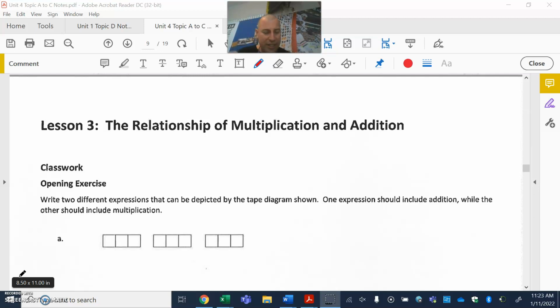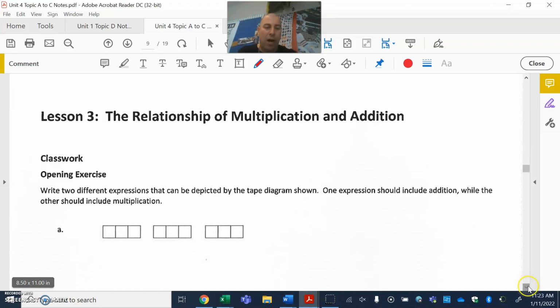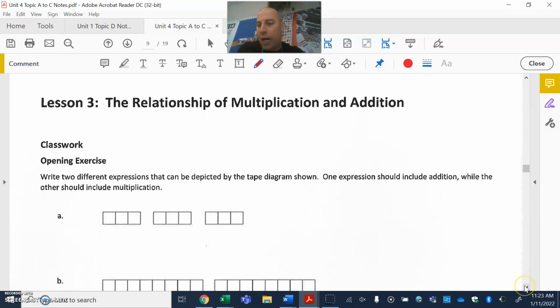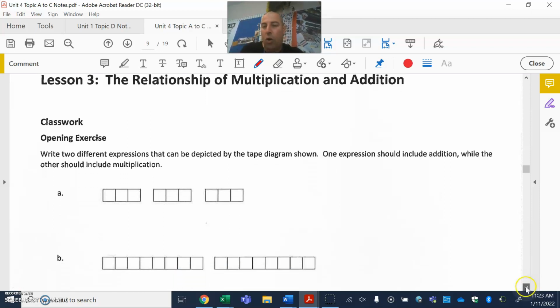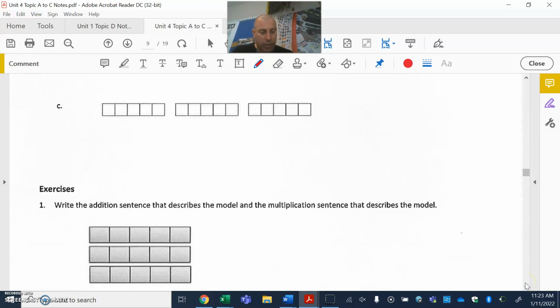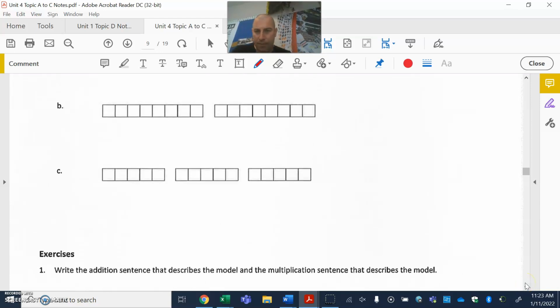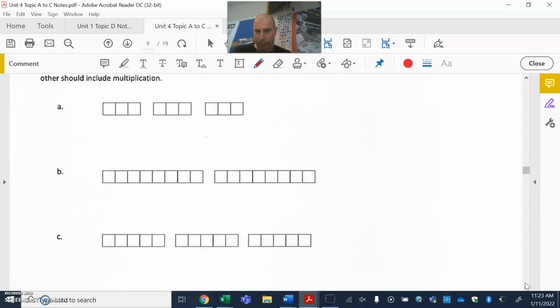So, look at this here, all right? Write 2 different expressions that can be depicted by the tape diagram below. One should be an addition while the other should include a multiplication. What they're saying here is, hello, come on back. There you are. We've got a group of 3, another group of 3, another group of 3.